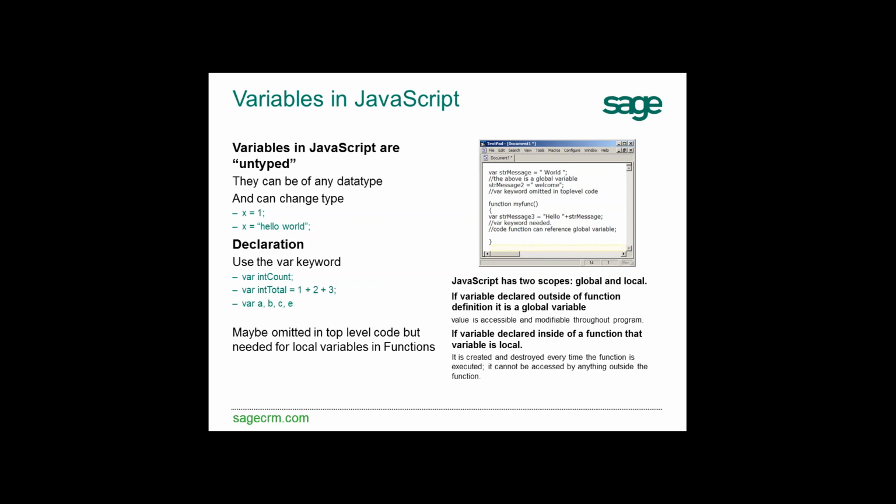It allows us to be fairly loose in what we do, so we can declare as one variable and then end up treating it like another one. So here you can see the example given of where x can be declared to be 1 and it is treated therefore as a numeric, and then later on I could override that and say actually I'm calling it hello world, and now it becomes a string because it's containing a string. And you can declare in quite a wide range of different ways.